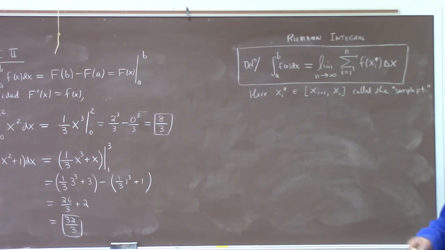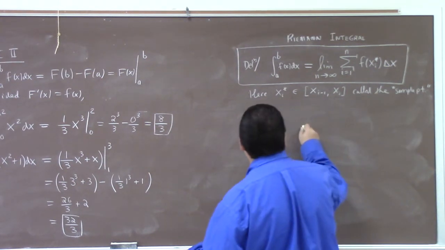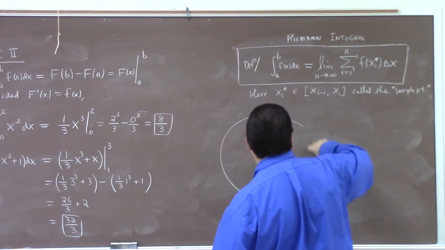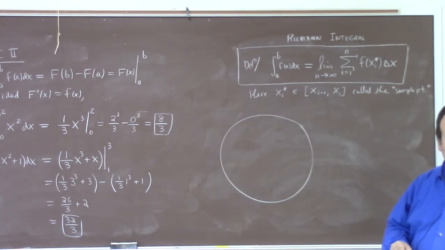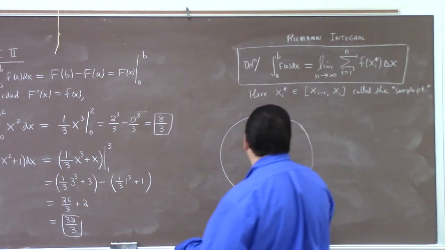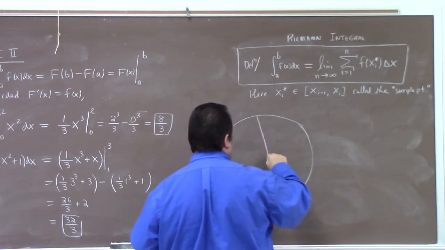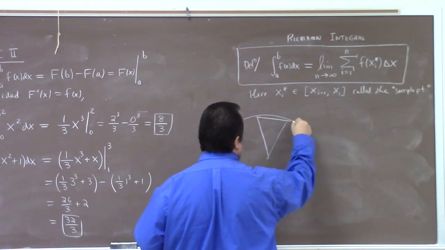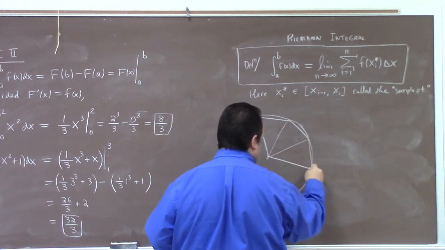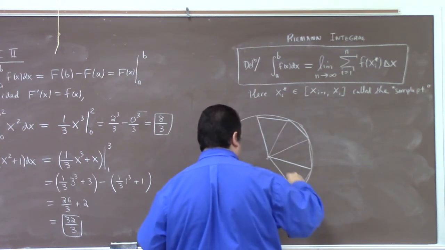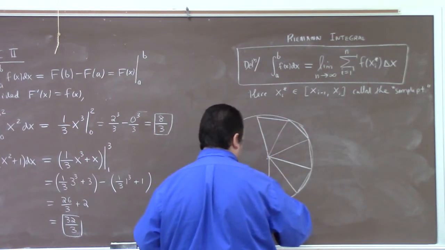Well, here's what he's talking about. If we take a circle and we wanted to calculate its area, you know what we could do? We could divide it into a bunch of triangles, right? And what would the area of these triangles be?